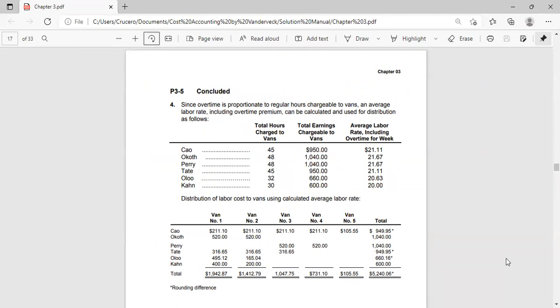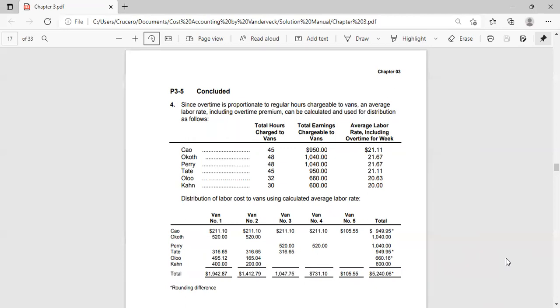Okay, so in number 4, we now distribute and determine the dollar amount of labor chargeable to each van, assuming that the overtime costs are proportionate to the regular hours used on the vans. First, compute an average labor rate for each worker, including overtime premium, and then use that rate.